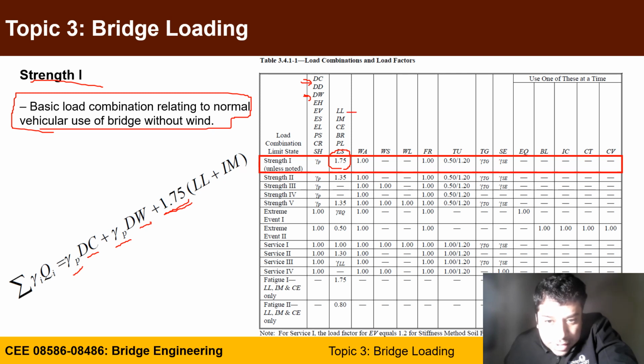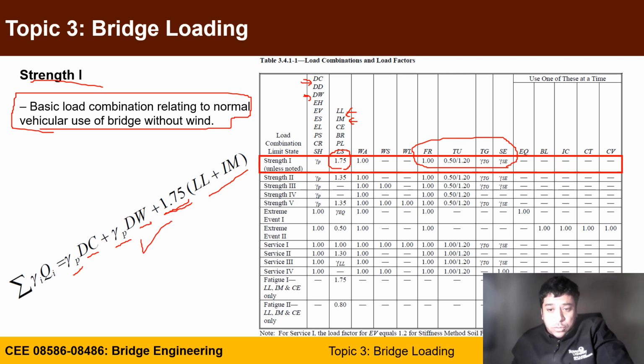Remember, live load and IM are concurrent, so your load combination will be gamma P times DC plus gamma P times DW plus 1.75 times live load plus IM. You may have friction force and others that you can consider, but in this class we will not focus on that. So this is the easy way to show.